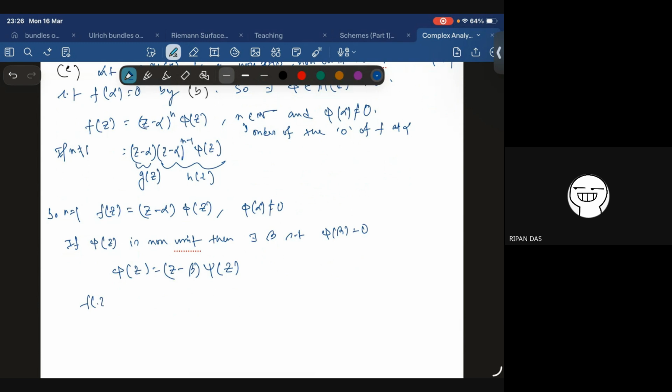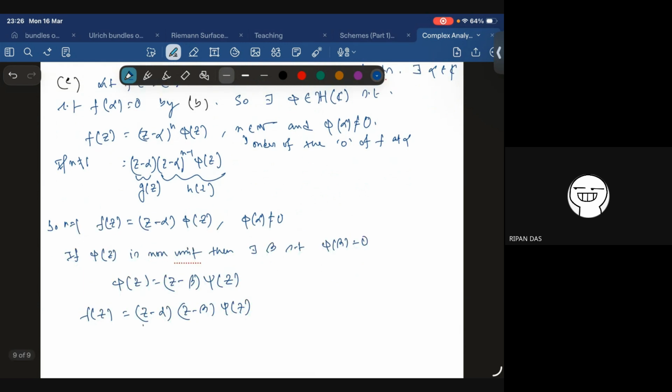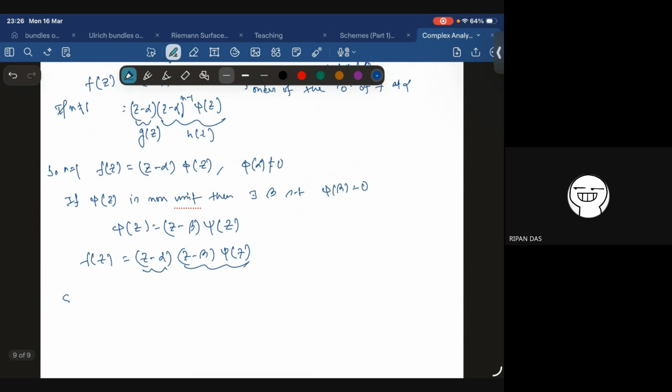So if f(z) becomes (z minus alpha)(z minus beta) times psi(z), again f cannot be irreducible, you see, because this is a breakup and this is a breakup again. So psi(z) is a unit.